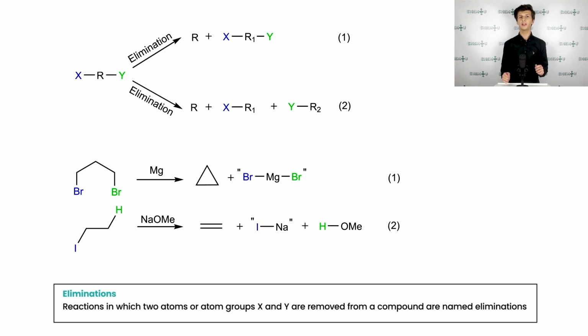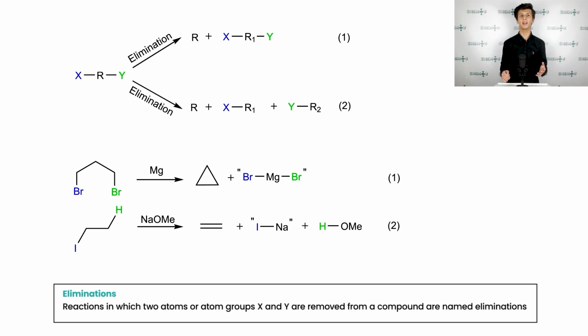You can also clearly see how leaving groups are generalized with capital letters X and Y, which are colored with blue and green respectively. I would like to stress that both colorings are going to be used during the whole lecture consistently, so you will be able to easily determine which atoms and atom groups are eliminated.